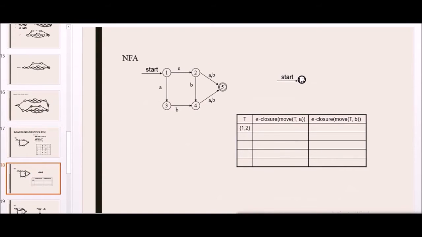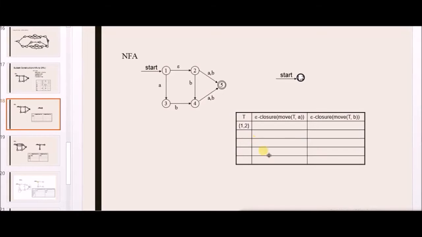The first rule of the subset construction method is: from the initial state, take the epsilon move, and if we are able to go to a new state, we have to merge these states into one state. Here, from 1 we take the epsilon move and are able to go to state 2. So we merge these into one state, and this state's name is 1, 2.